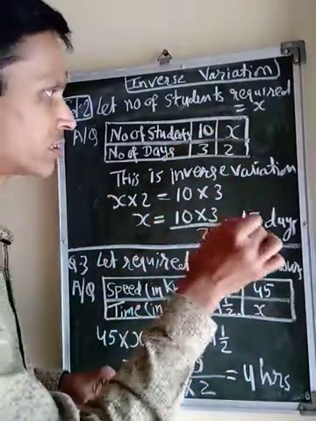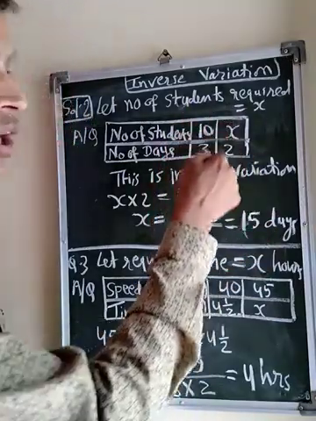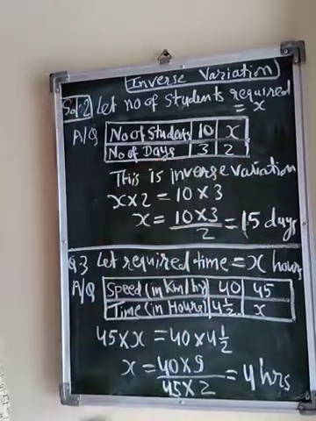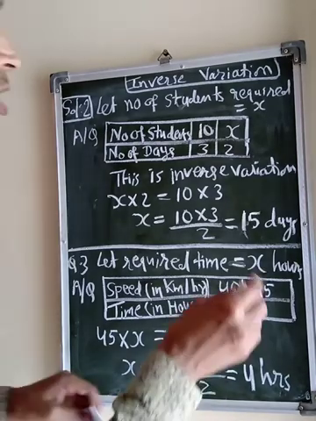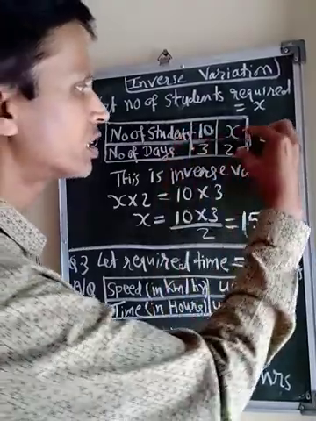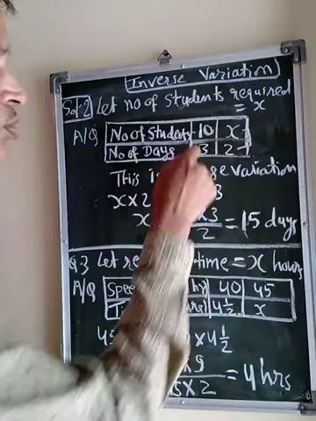Now the difference is that in direct variation we solved by cross multiplication, but in inverse variation we will solve not by cross multiplication, we will solve it by up and down. Means these two will be multiplied and equal to these two.